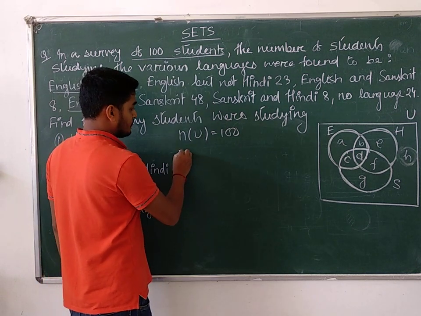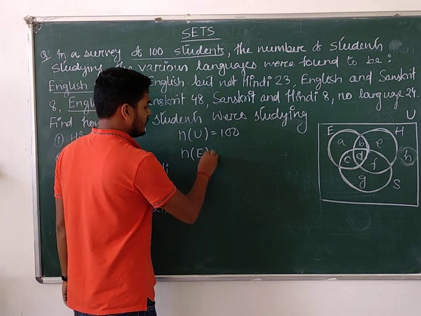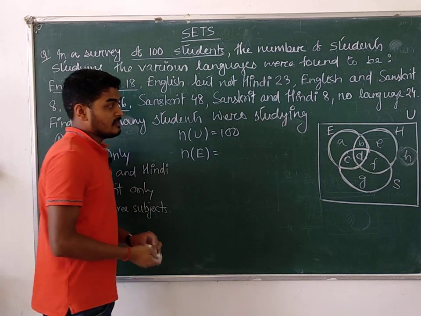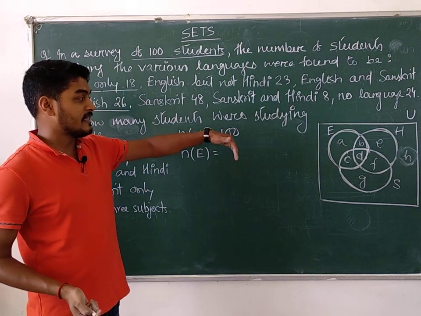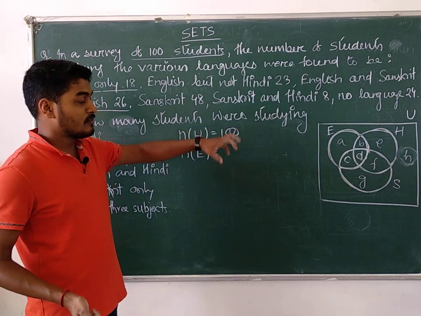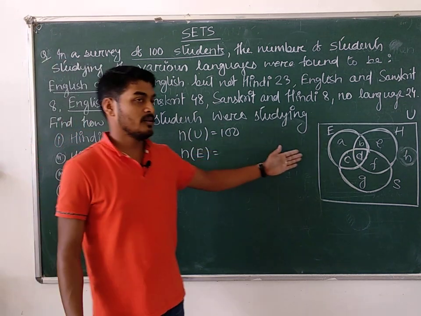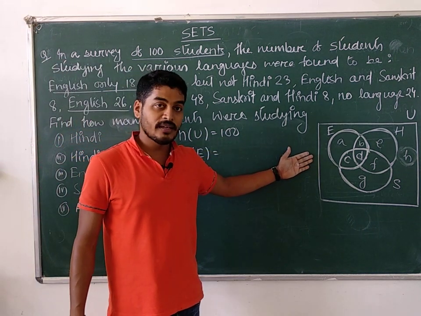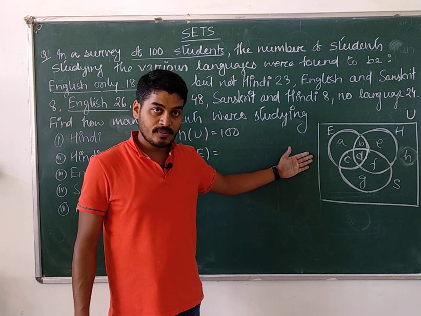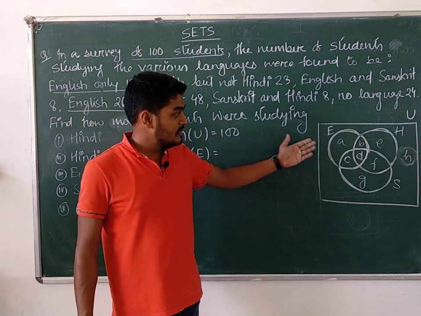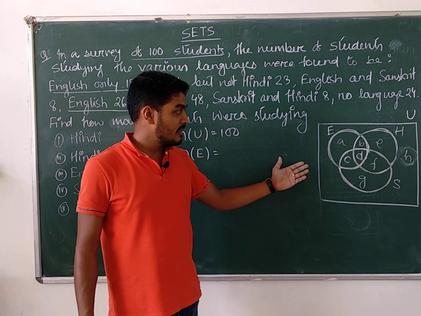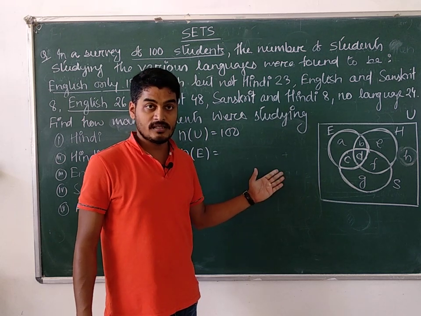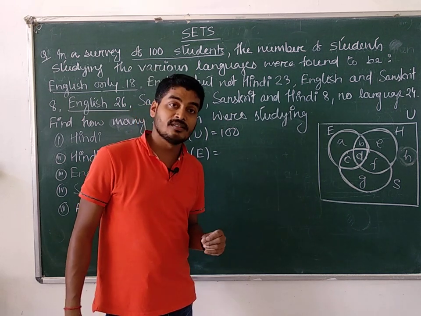Next, n of E is given. In your answer you have to mention that in the given Venn diagram, A, B, C, D, E, F, Z, H represent the value of each and every region.